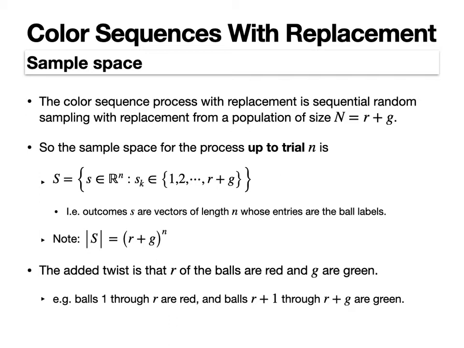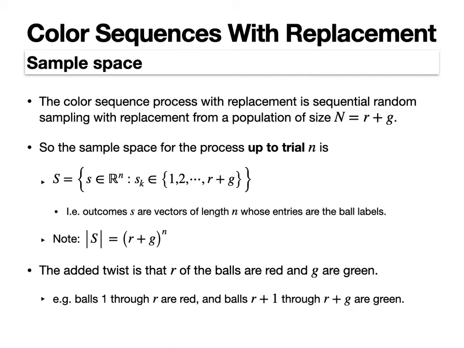But the sample space for the process is just the sample space for sampling sequentially with replacement. So it's the set of all vectors. If you look at the process up to time n, up to the nth draw, the sample space would be the set of all vectors in R^n, such that each entry is a ball label, right? That'd be an integer between 1 and r plus g, the total number of balls.